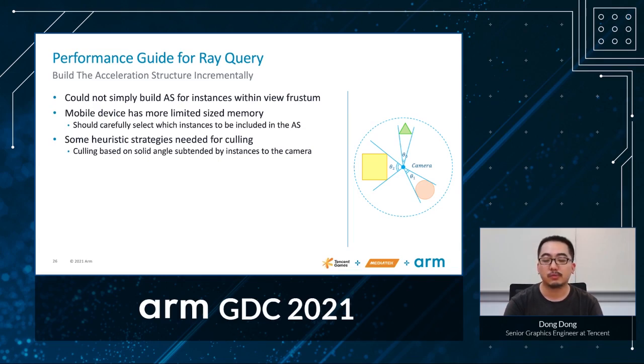So in order to remove instances with little influence on final image, you can use some heuristic strategies to add or remove instances. One practical strategy could be the solid angle subtended by instances to the view camera. Once the solid angle is below a threshold, then it should be removed from the top-level AS.